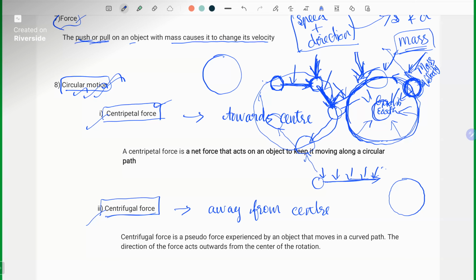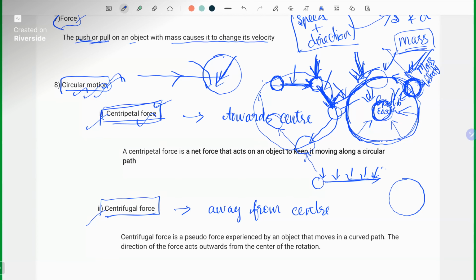So gravity is the force pulling internally. So this is centripetal force. Centripetal force is gravity applied from here or some external force applied from here, anything. But when an object's path is curved by the perpendicular force acting on it, keeping it to the center, that is centripetal force.